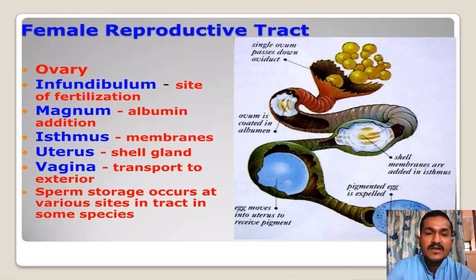About the magnum, it is the part where the albumin, the egg white, is added, and the next part is the isthmus. It is commonly known for the membrane, and the isthmus is followed by the most important part of the oviduct, which is known as the uterus. Understand?